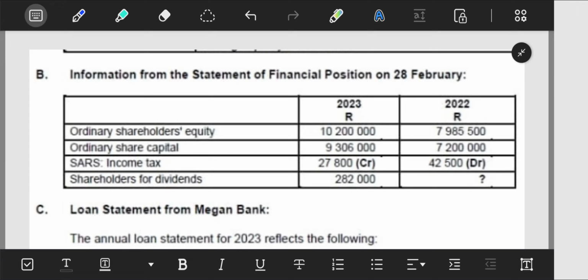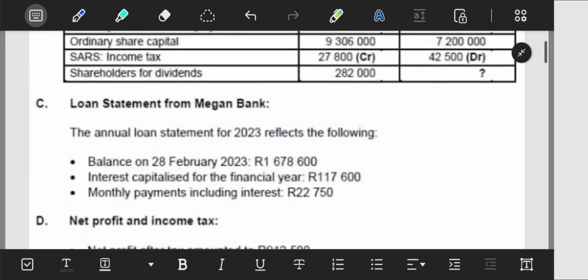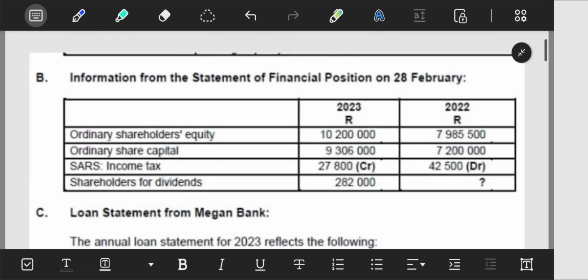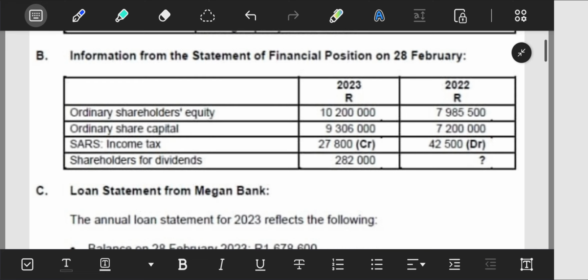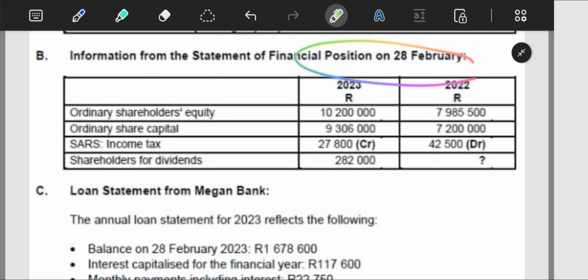Right. Now, let's deal with tax. You see here, we are given information in the statement of financial position as at 28 February 2023.